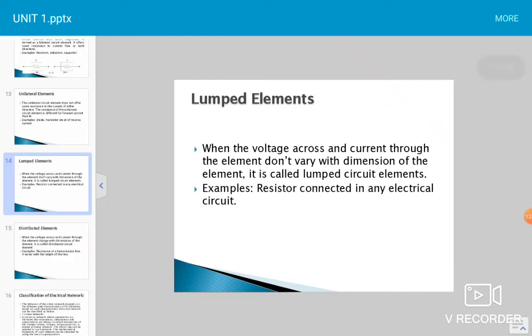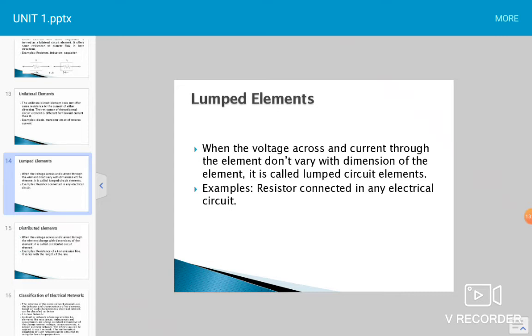And one is the lumped element. It is a very basic thing to understand. When the voltage across and the current through the element do not vary with the dimension of the element, it is called a lumped circuit element.